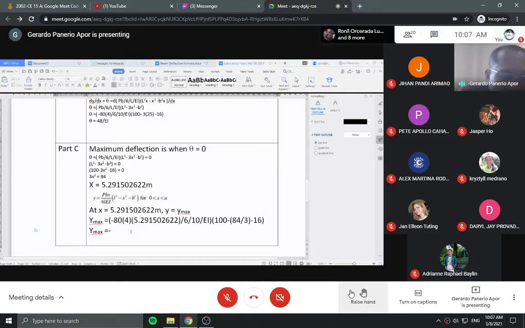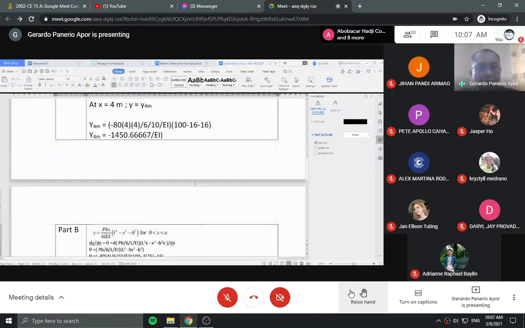Now if you compare it with the first one, this is one order of magnitude larger. It's negative because negative means it's going down. So that's the maximum.